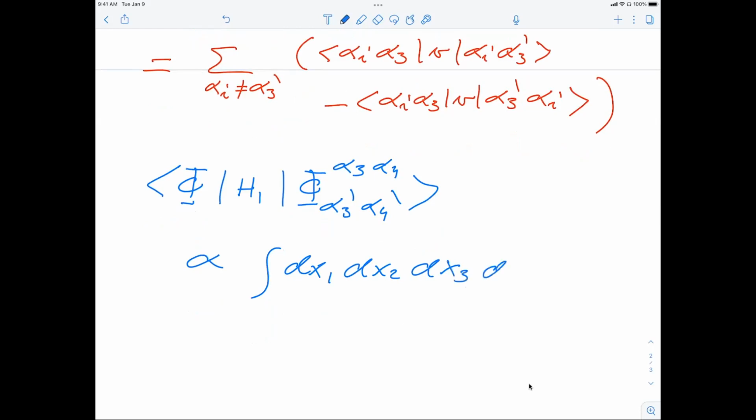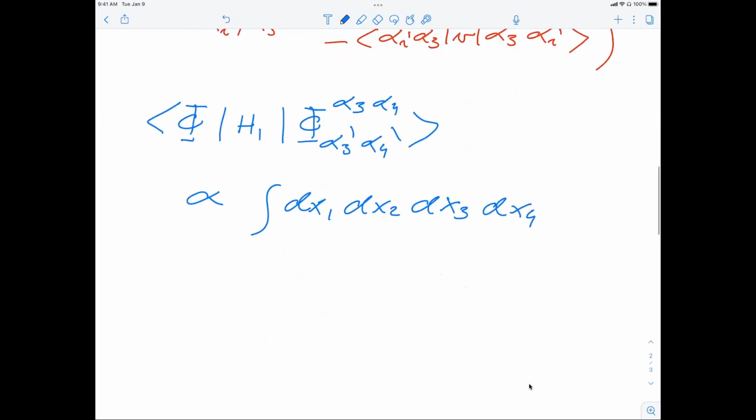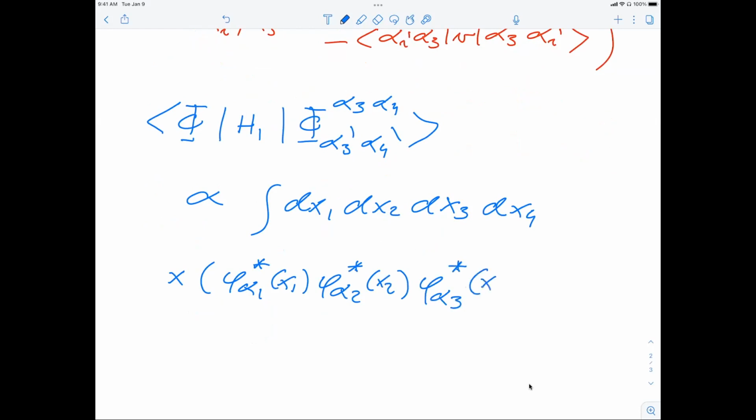This is multiplied with phi alpha 1. This is going to be one of the last times when we write out everything in all details, because when we move to second quantization, life is going to be a little bit simpler. This is then multiplied with the interaction contributions, not the matrix elements.